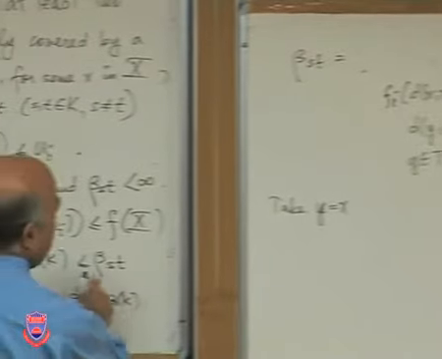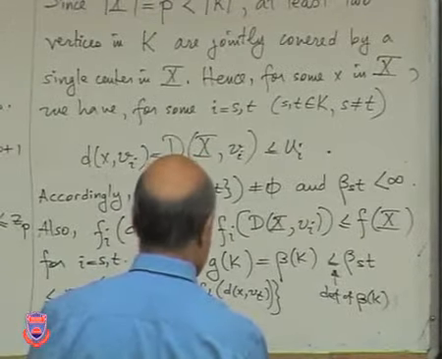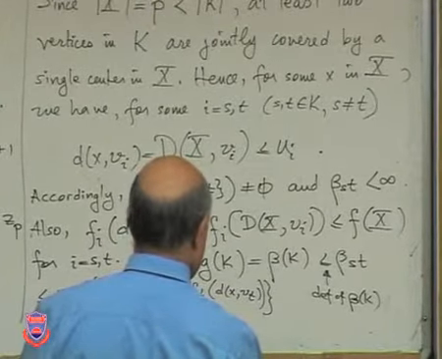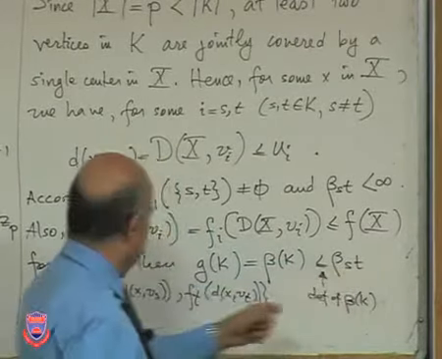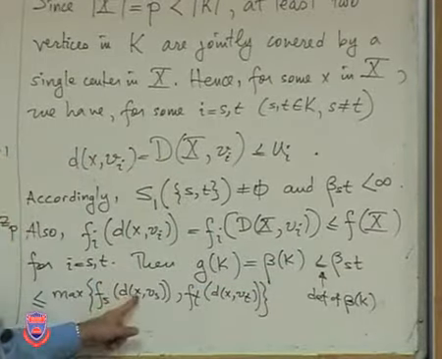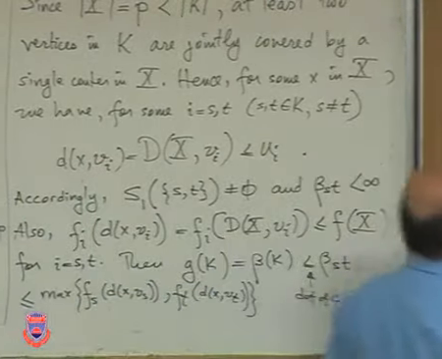Beta st, why do I have this reversed now? Sorry, yeah, that's the smallest feasible value, but here x is some point. So, sorry, we can't do this.